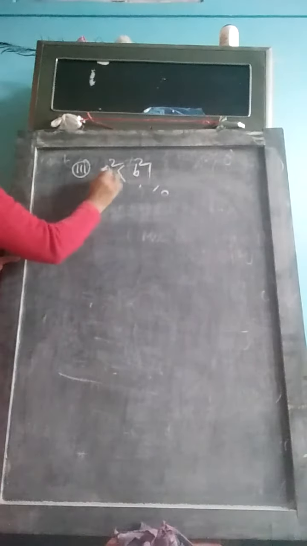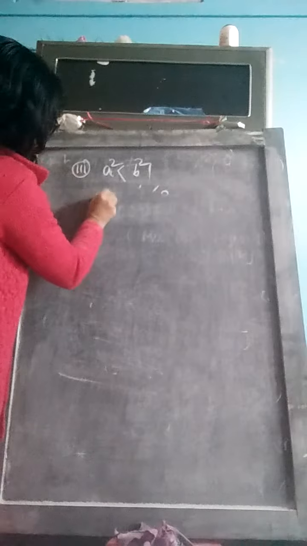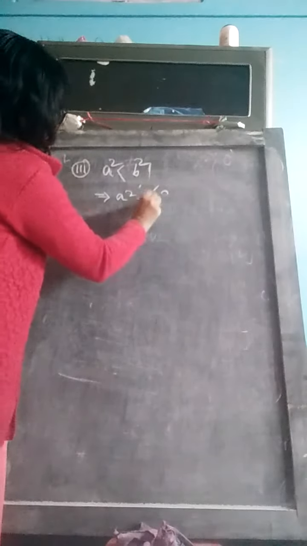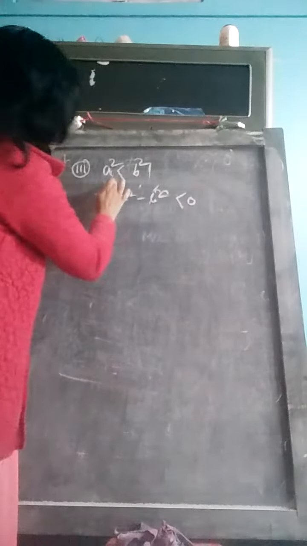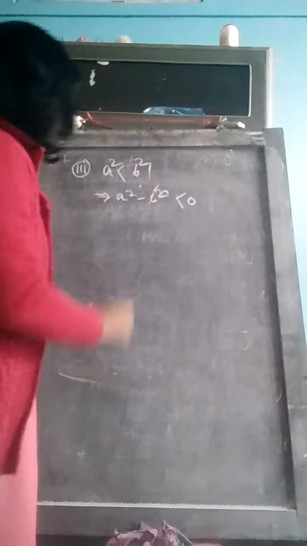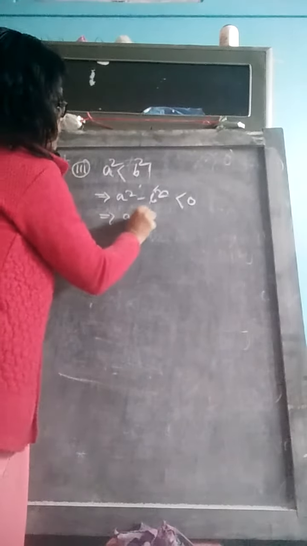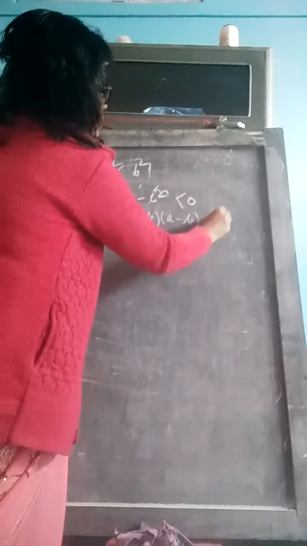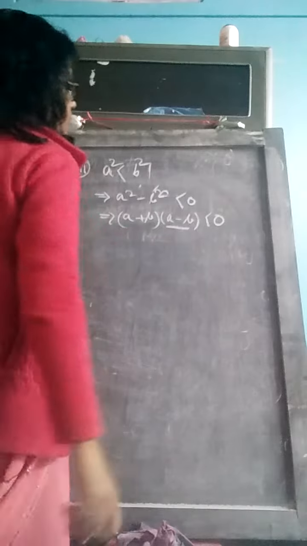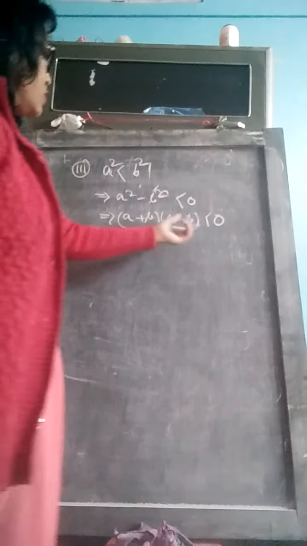See here, a square less than b square implies a square minus b square less than 0. When this comes to the left side, this becomes negative. A square minus b square is equal to a plus b into a minus b. From this we can say, suppose their product is less than 0. That means this may be negative or this may be negative.